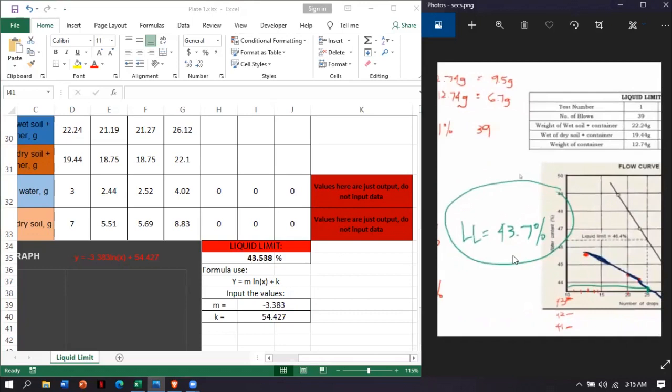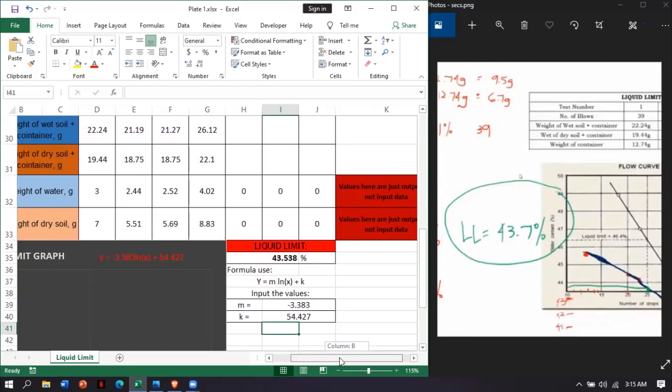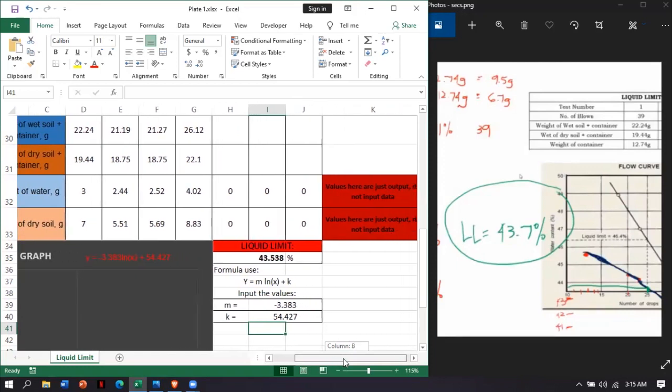So they're near to each other; the gap between them is not far. I think our program has achieved the specific requirements for getting the liquid limit.